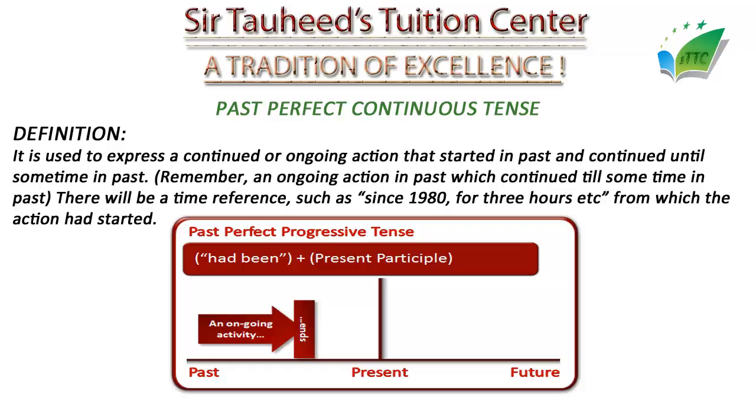So as you can see in the graph as well, if any activity was started in the past and it was going on for some time and then it gets completed in the past time, means they were not going on till present. They were stopped in the past. So these kinds of actions are expressed with the help of past perfect continuous tense.